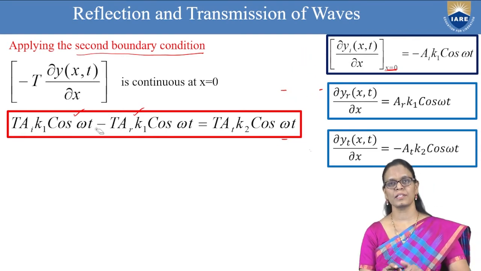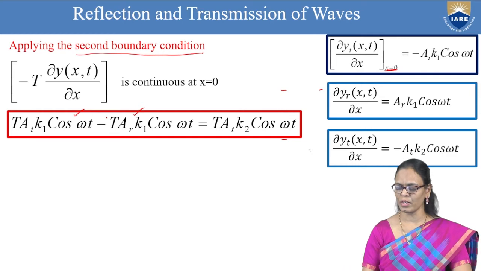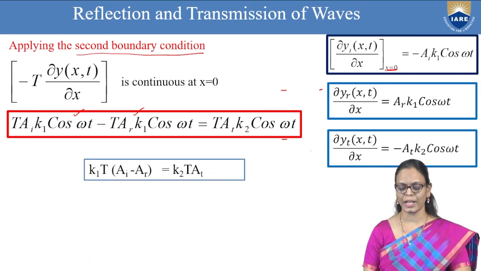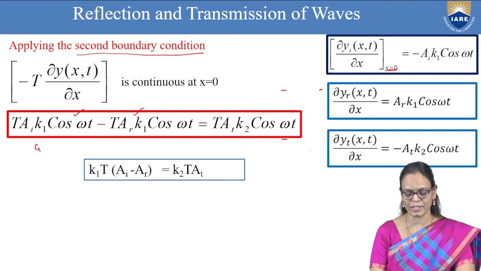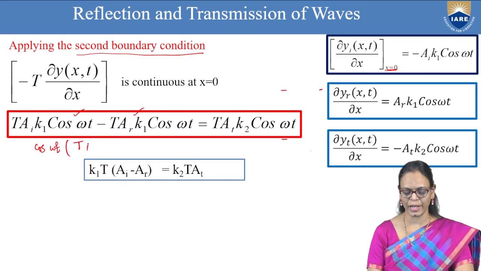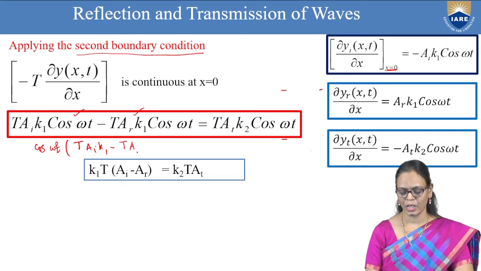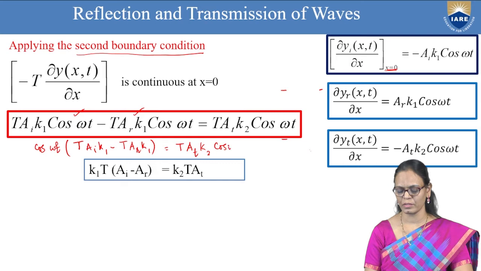Now here we are going to take cos ωt common. So I can write it as cos ωt into (T Ai k1 minus T Ar k1) is equal to T At k2 cos ωt.